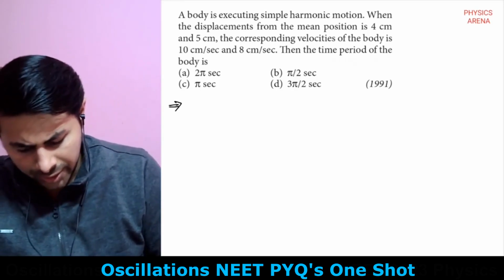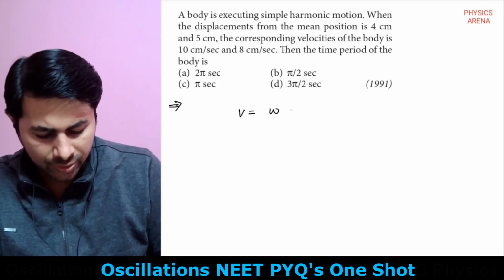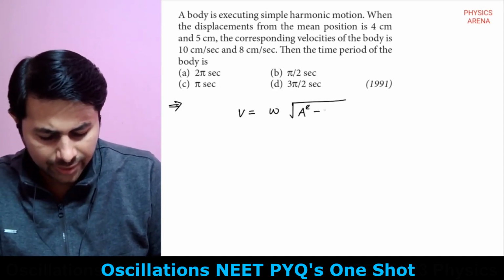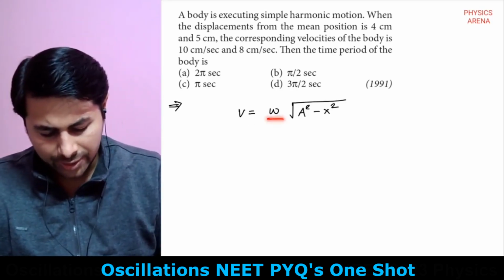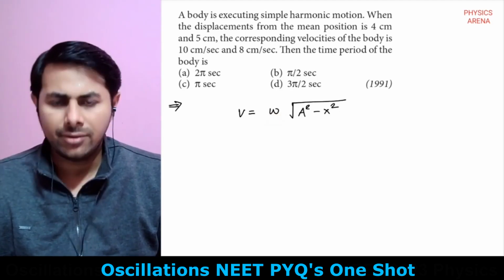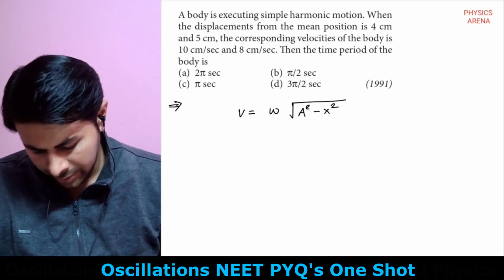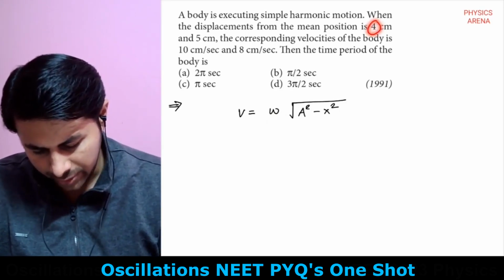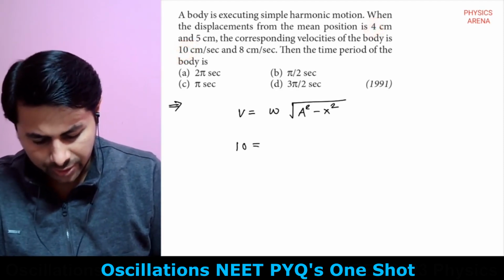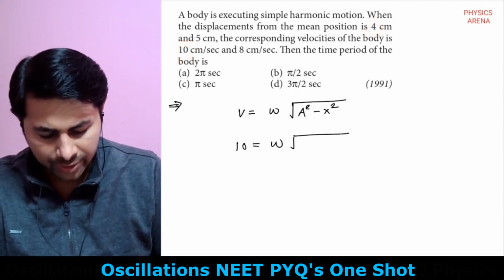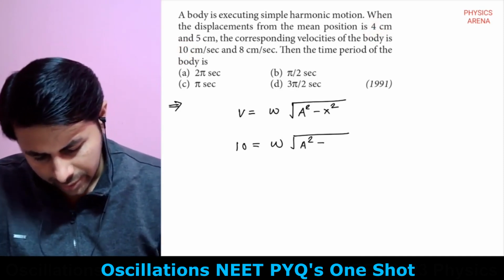So here we can use this formula. V equals omega square root of a square minus x square. So when x is 4, v is 10. From that we get one equation, 10 equals omega square root of a square minus 4 square.